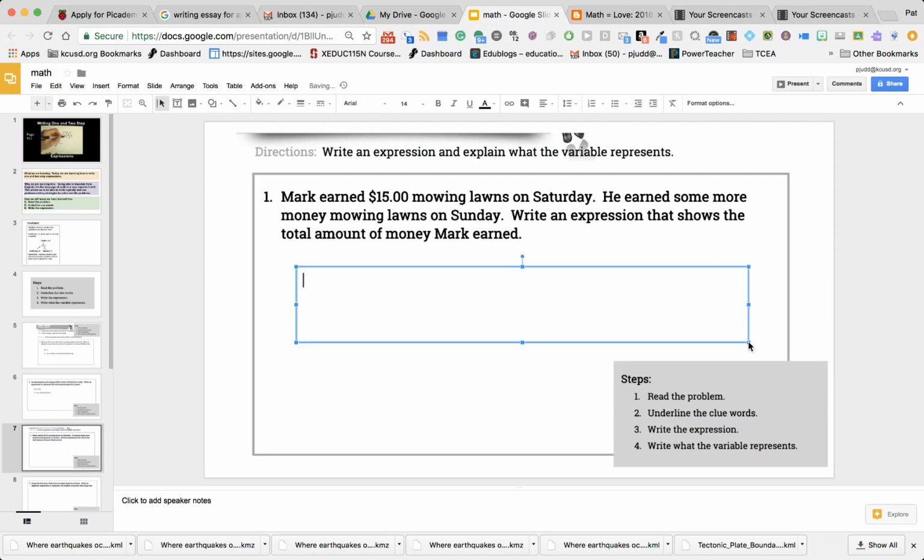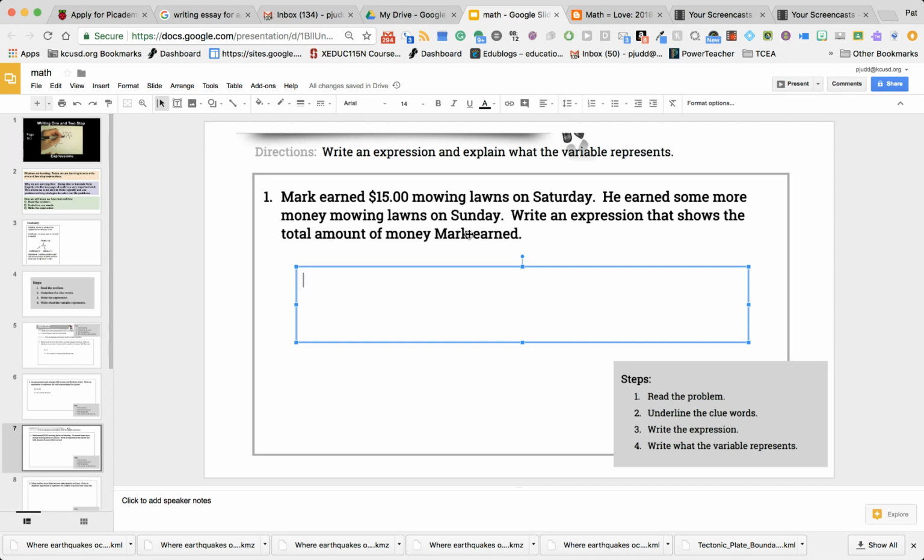Mark earned $15 mowing lawns on Saturday. He earned some more money mowing lawns on Sunday. Write an expression that shows the total amount of money Mark earned. Well, this clearly says he earned $15, so I know exactly how much money he earned there. There's not an unknown there. He earned some more money mowing lawns on Sunday, but it doesn't say how much, some more.